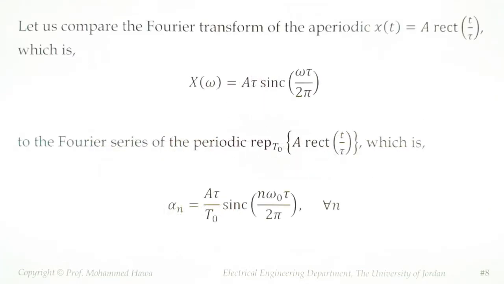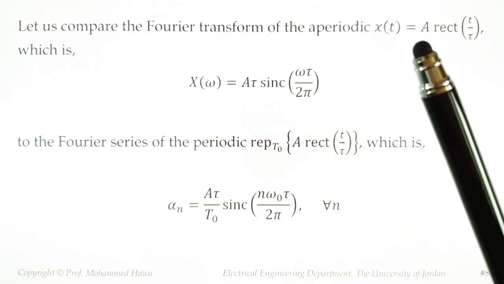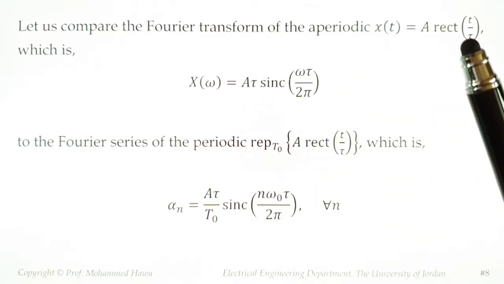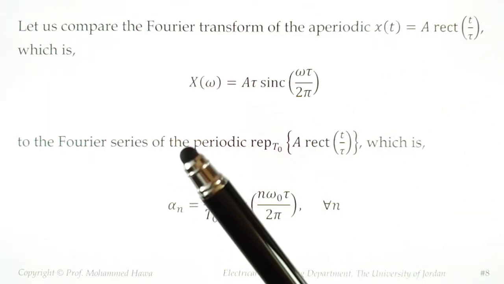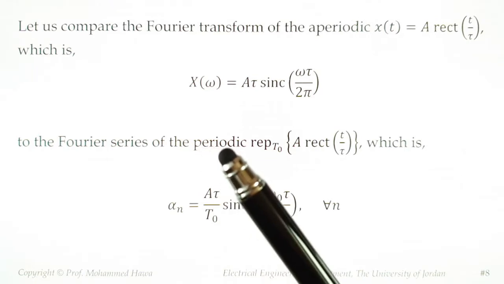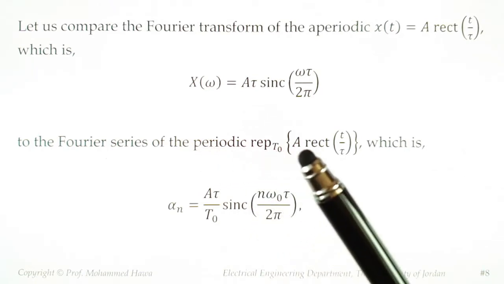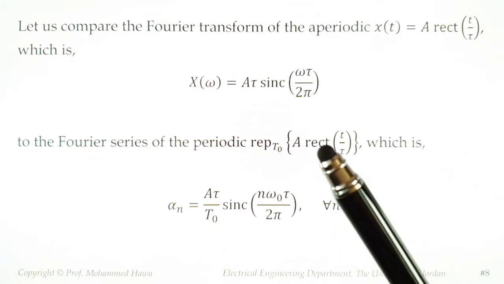Another observation to keep in mind, because it might help you if you want to memorize the answers for those basic functions, is that the answers we get for Fourier transform of aperiodic signals like x(t) equal A rect(t over tau) have a lot of similarities with the Fourier series answers we get for the periodic versions of those functions. For example, repeat every T0 our A rect(t over tau).